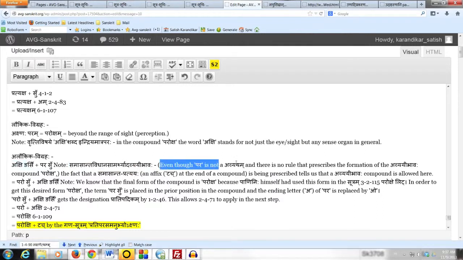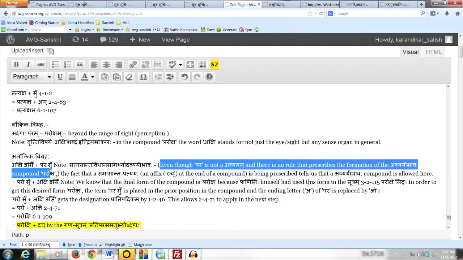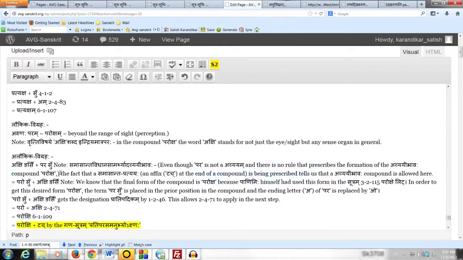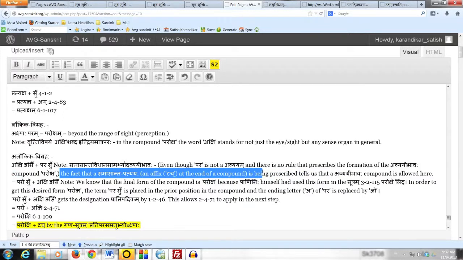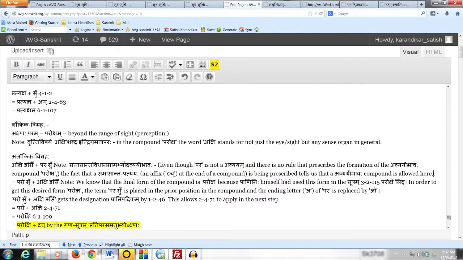So even though para is not an avyayam, and there is no rule that prescribes the formation of the avyayi bhavaha compound paroksha, the fact that a samasanta pratyaya, an affix touch at the end of the compound, is being prescribed by this present Gana Sutram tells us that an avyayi bhavaha compound is allowed here. There is no point prescribing a samasanta pratyaya when the samasa itself is not possible. So obviously a samasa is possible here. This is what is meant by samasanta vidhana samarthyad avyayi bhavaha. So we go ahead and form the compound.